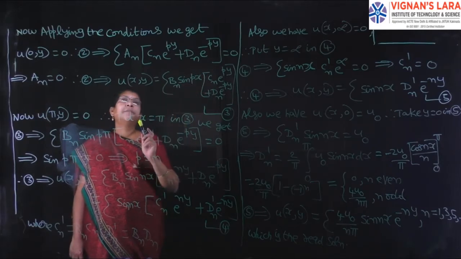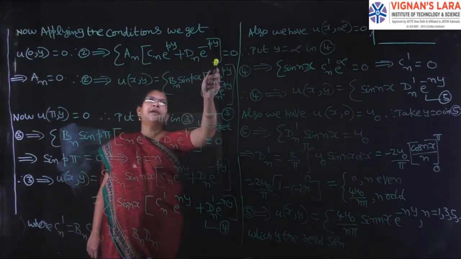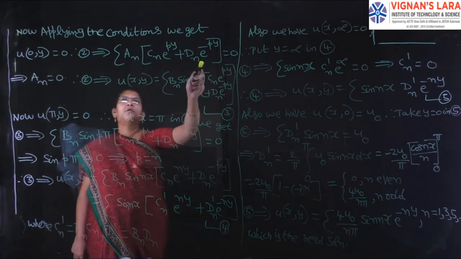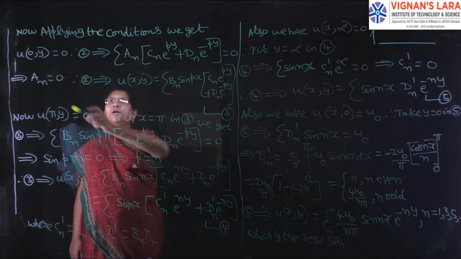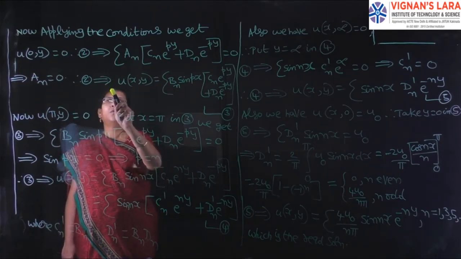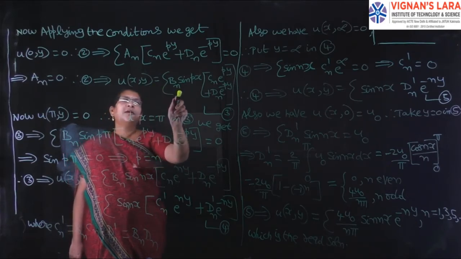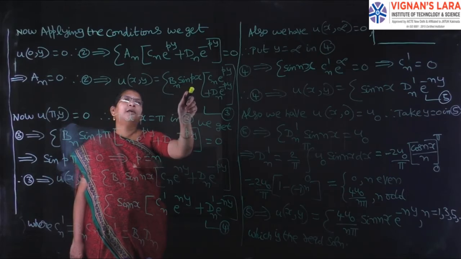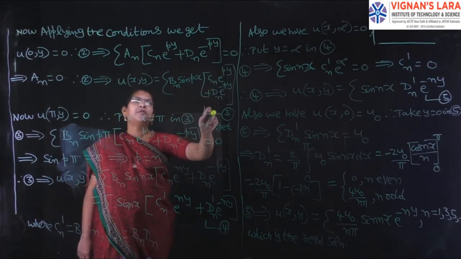Summation is 0 means each and every term must be 0, but cn e power py plus dn e power minus py will never be 0. So what is the only possibility? An equal to 0. Therefore put an equal to 0 in equation number 2. Then what will you get? U of x comma y equal to summation bn into sin px into (cn e power py plus dn e power minus py). Take this as equation number 3.